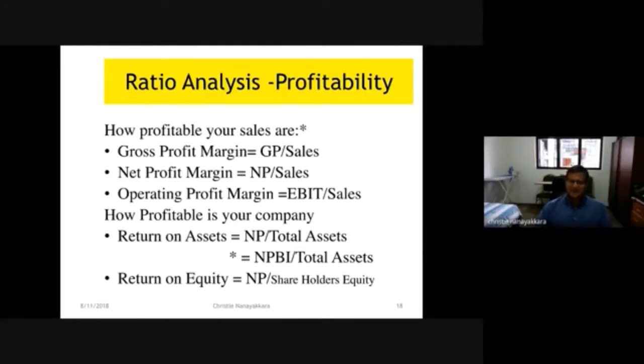So your net profit divided by shareholders' equity gives return on equity. If return on equity is less than the money they can earn from fixed deposits in the bank, then the shareholders will think twice. Why should I take risk in investing in this company? I can place my investment in the bank and make more money.